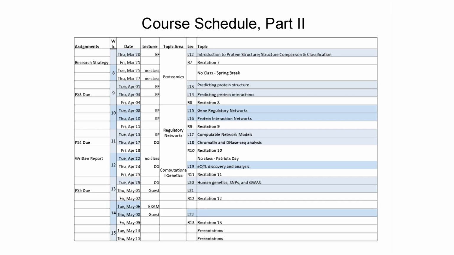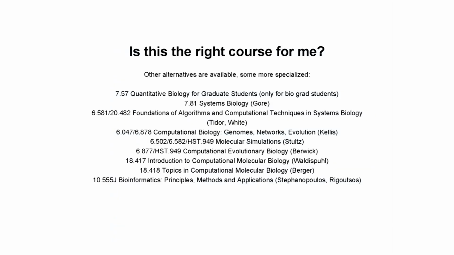Okay, so is this the right course for me? So I just wanted to let you know, you're fortunate to have a rich selection of courses in computational systems, synthetic biology here at MIT. I've listed many of them, probably not all, but the ones that I'm aware of that are available on campus. 757 is really only for biology grad students, but the other courses listed here are generally open.